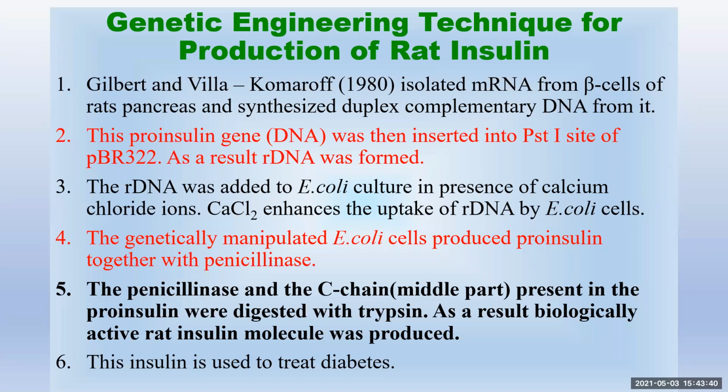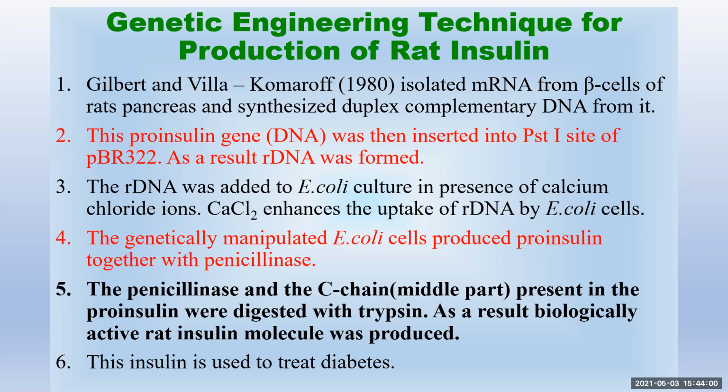Now, let us study one more method, that is the genetic engineering technique for production of rat insulin. Gilbert and Villa-Komaroff in the year 1980 isolated mRNA from the beta cells of rat pancreas and synthesized duplex complementary DNA from it.